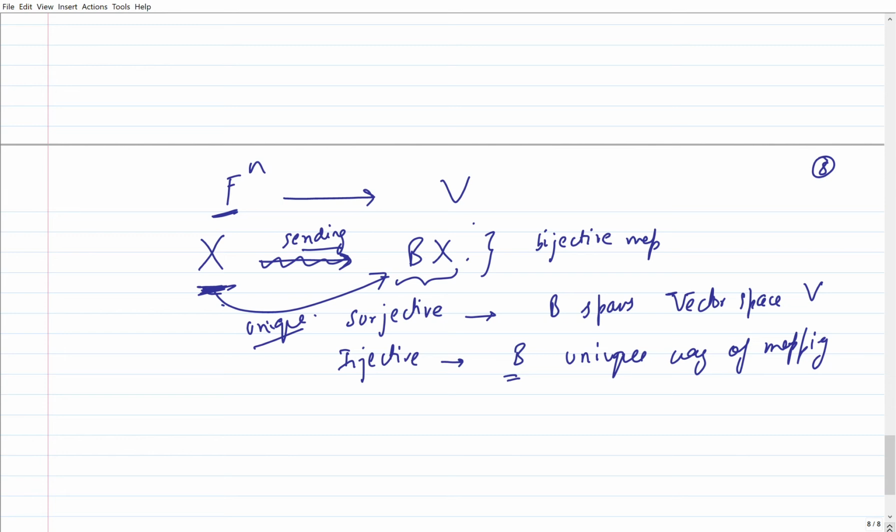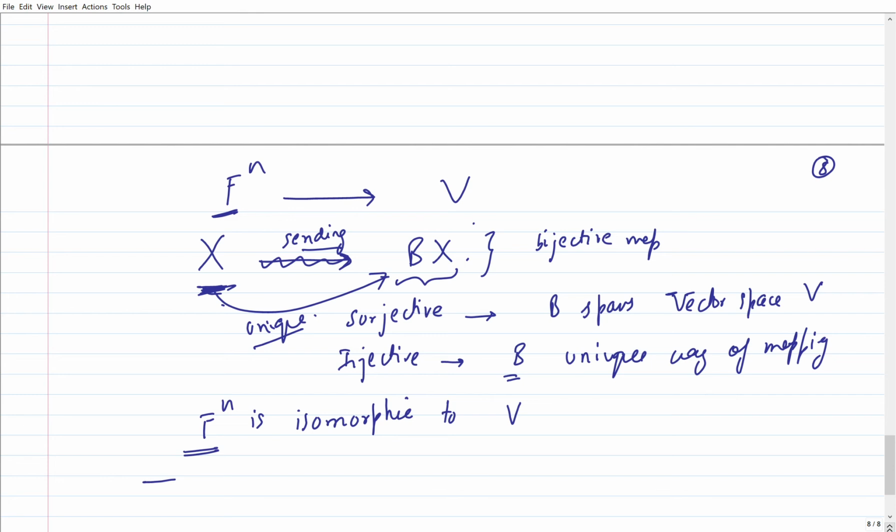So what does this show? This shows that Fn is isomorphic to every V. So all we need to know is the structure of Fn, or the set of column vectors.